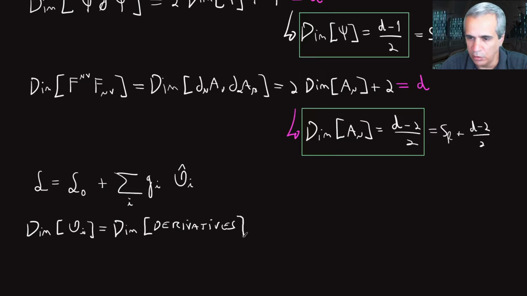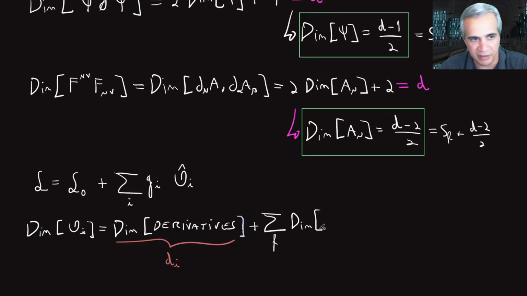Each derivative contributes dimension 1. So the total number of derivatives is di, so this will contribute with power di. And there's also a contribution coming from the fields in that operator.